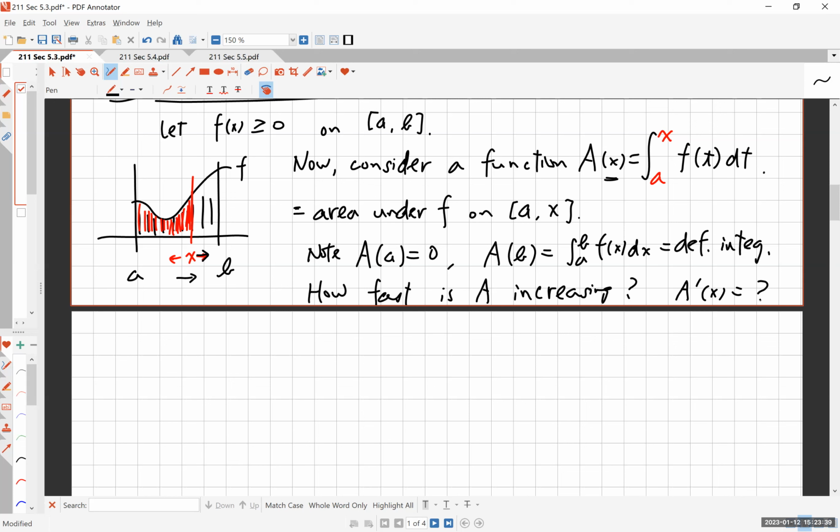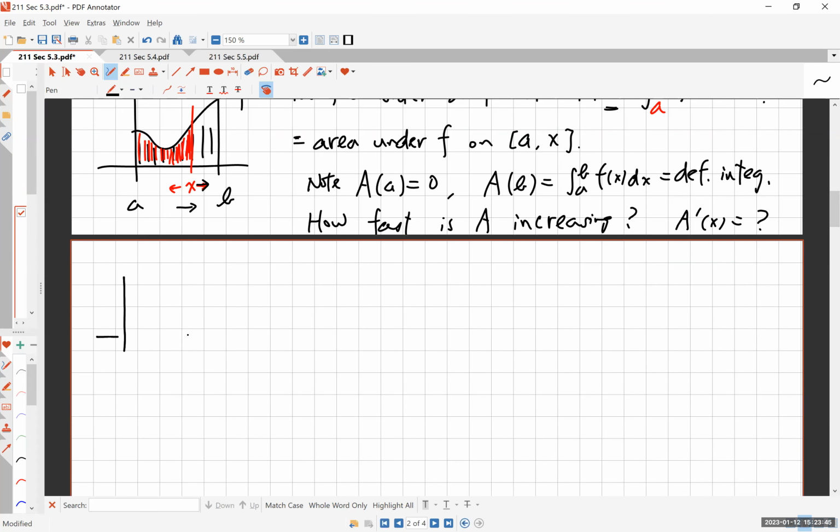So what we are trying to find is the derivative of A, the derivative of the area function. All right, let's now follow this carefully because I think it's very important for you to try to understand this. So what we are trying to do is to find d/dx of A, or you can just write this as A prime with respect to x, right? And that, of course, is the limit as h approaches 0 of, sounds familiar, right?